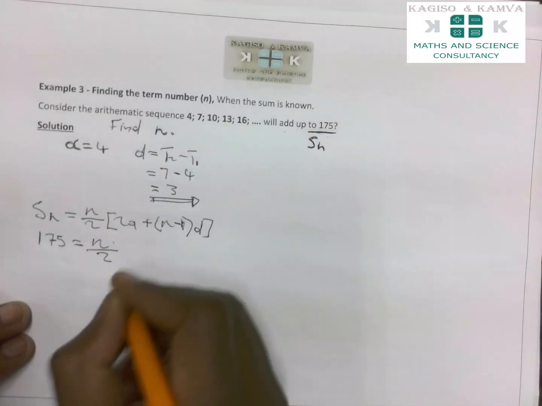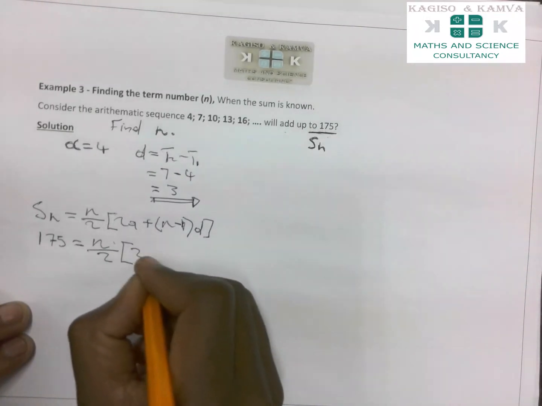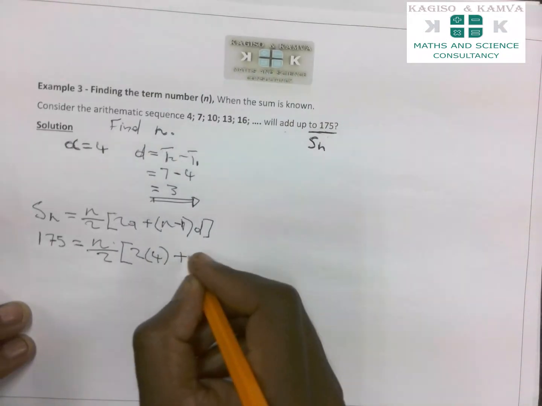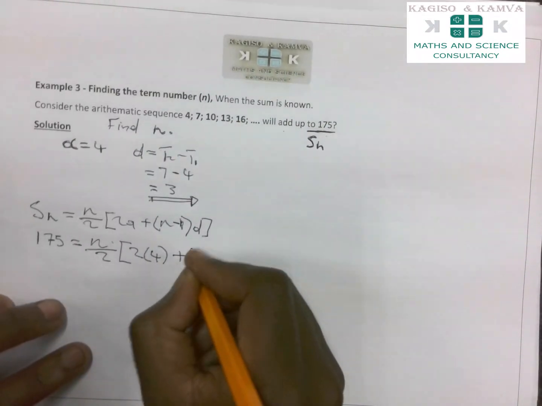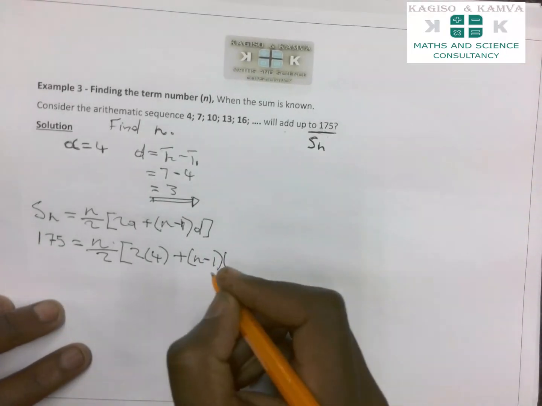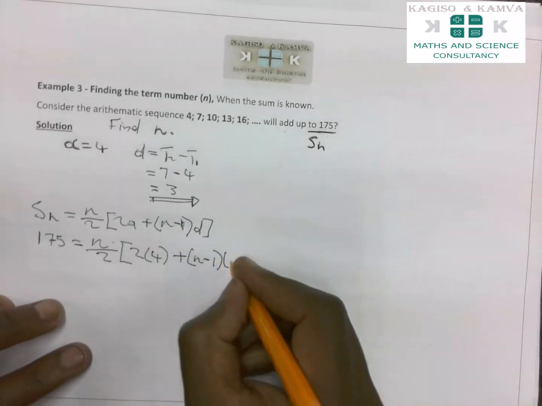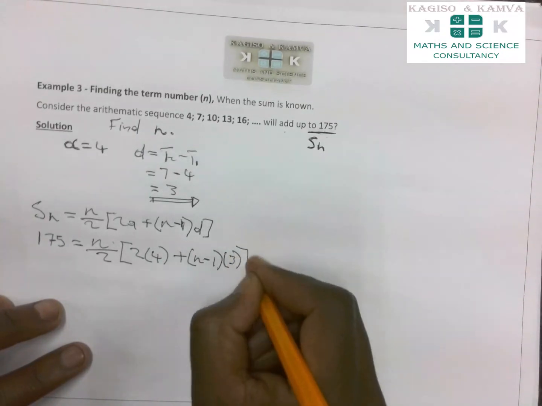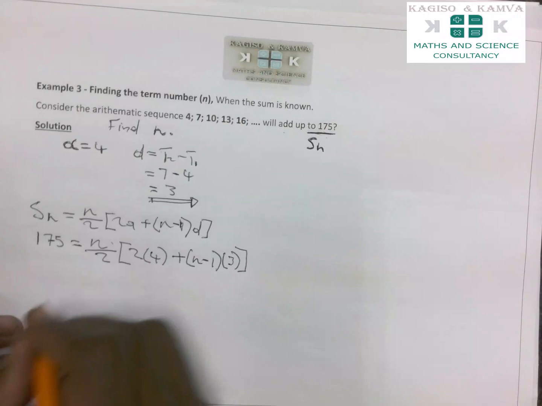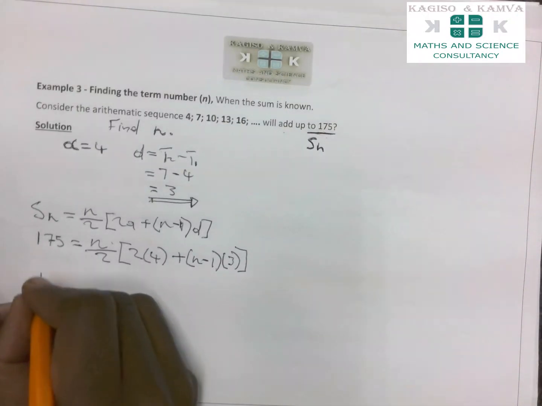That will be n divided by 2, times 2 into a, which is 4, plus we are also looking for n minus 1, and we have the constant difference, which is 3. We close our bracket like that. So what are we going to have?